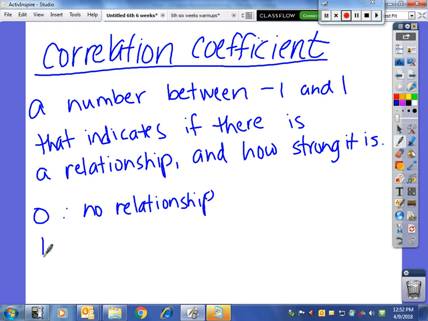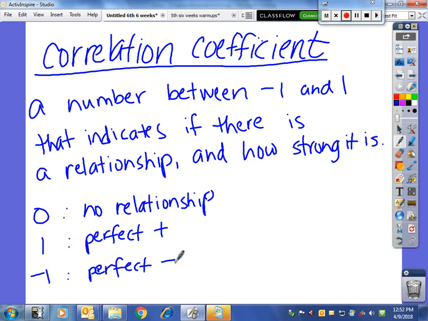If you have a correlation coefficient of 1, that's called a perfect positive relationship or correlation. If you have a correlation coefficient value of -1, that's a perfect negative relationship. Perfect negative correlation. Now usually it's not one of those numbers, it's somewhere in between.